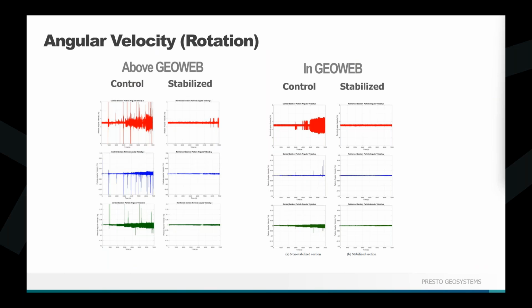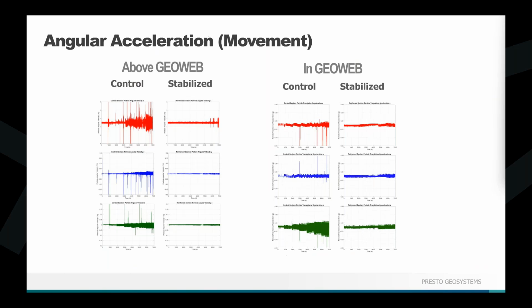And it's really actually fascinating to note that the stabilization section not only controls movement within the cells, but it can also influence the unconfined layer above the GEOWEB panels. So something similar here, this shows angular acceleration. So how fast the particle moves when it is subjected to those cyclical loads.